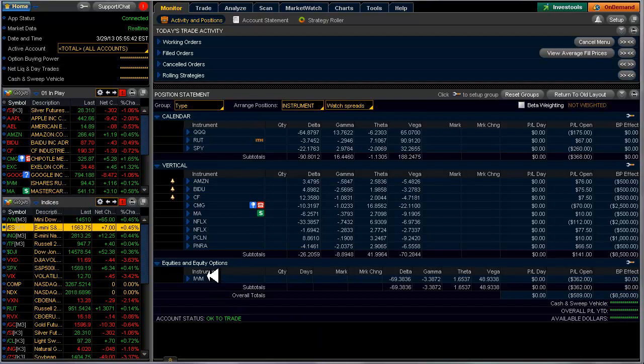One of the things I want to focus on is this double calendar that I have on IWM that I did a roll on this week. And I think that's probably about it. That's all I'm going to talk about today. So let's get right down to it.